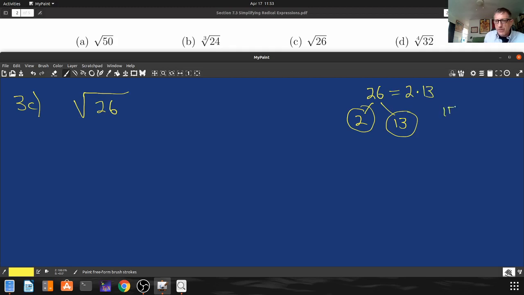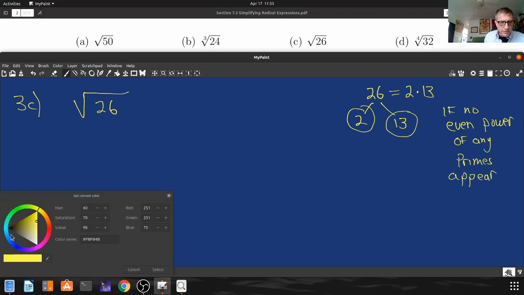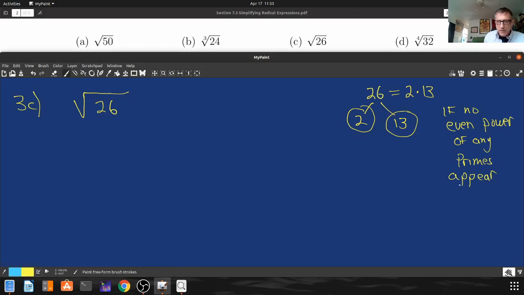So if no even powers of any primes appear, the conclusion is the following: no simplification.